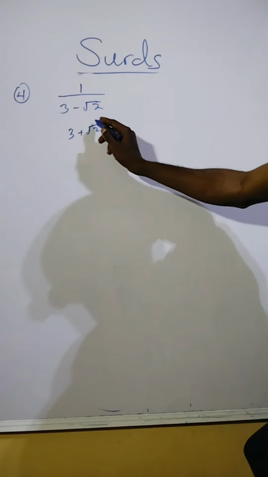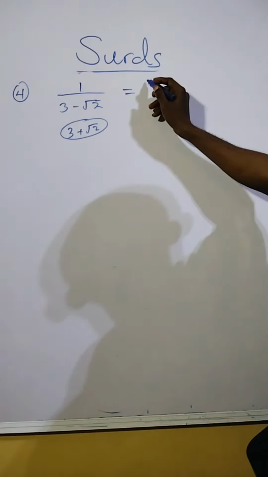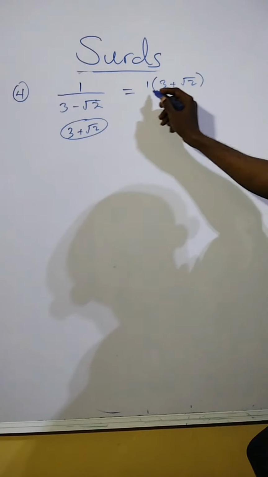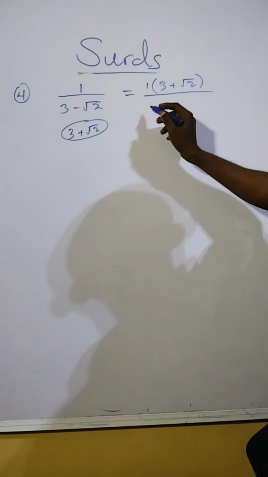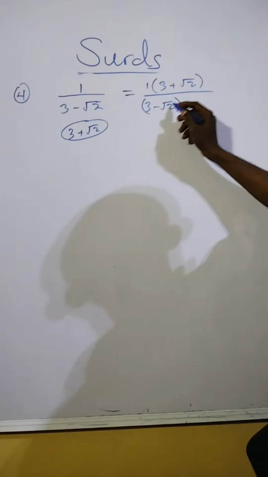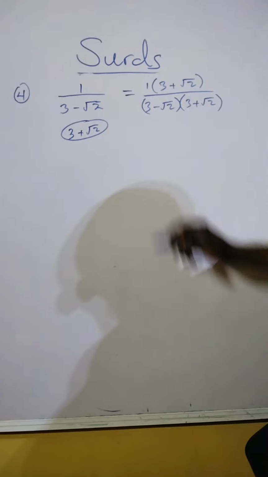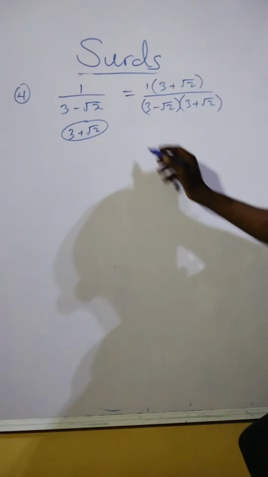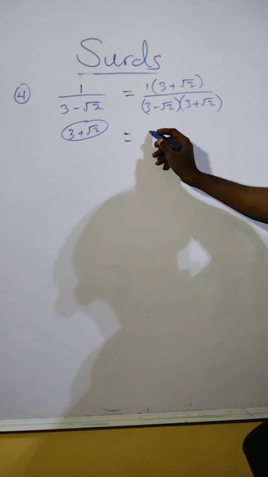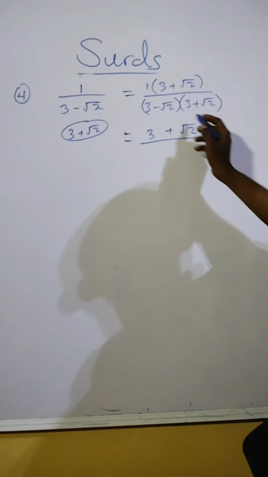So use this surd to multiply the numerator and denominator. Here we have 1 times 3 plus root 2, then divided by, also multiply this by the same thing. So we have 3 minus root 2 multiplied by 3 plus root 2. Then we can solve further now, and we expand. So when we open this bracket, we still have same thing as 3 plus root 2 divided by, these are also conjugate surds.